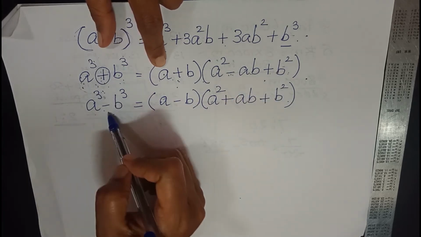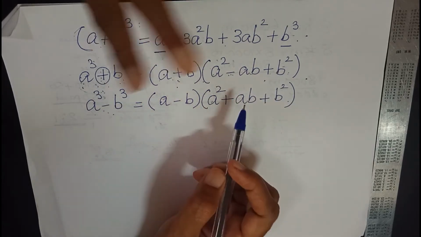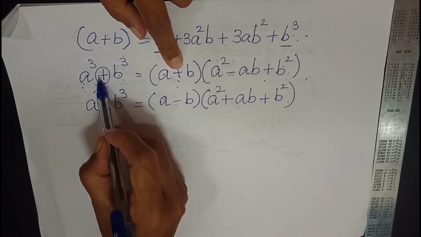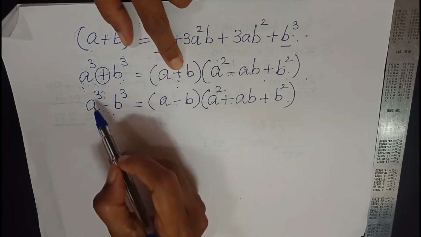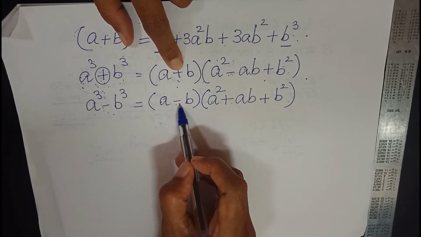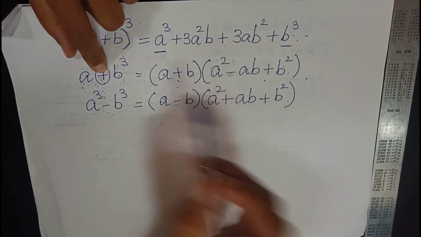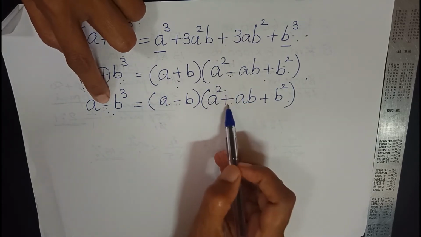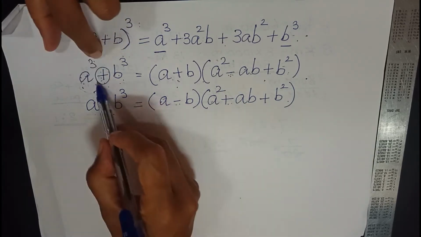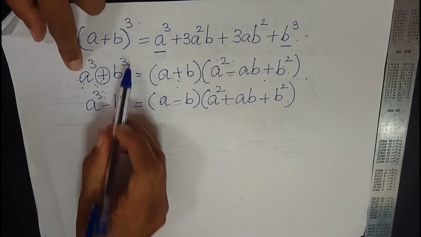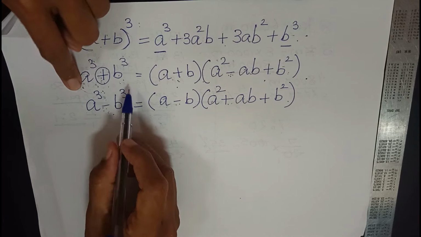What is changing in the two is only the signs, and that also only at two places, one here and one in the middle. If there is a plus here, there will be a plus here. If there is a minus here, there will be a minus here. And since there is a plus here, there will be a minus in this bracket. Since there is a minus here, there will be a plus in this bracket. So these are the two factorization formulas for a cube plus b cube and a cube minus b cube.